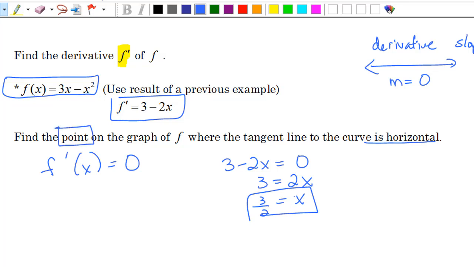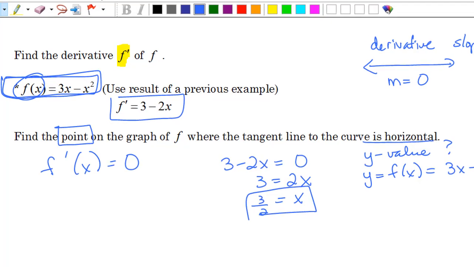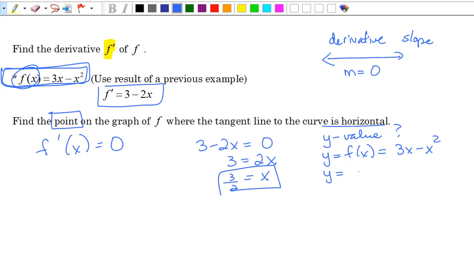Now, it asks you to find the point. So that's the x value. You also have to find the y value. How do you do that? Well, you go back to the original function, because y equals f of x, which is 3x minus x squared. So I want to know when x is 3/2, what is y? So I have y equals 9/2 minus 9/4.